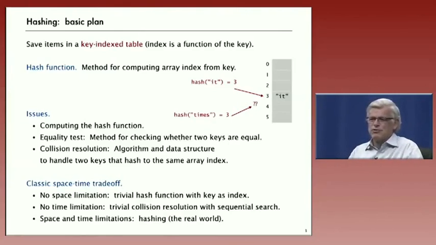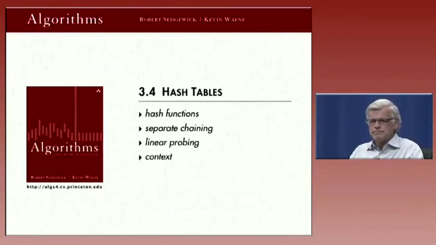But sequential search can be slow if we have lots of keys. So hashing is kind of in the real world, where we don't have unlimited space and we also don't have unlimited time, so we're trying to find something in between. So we'll look at hash functions, and then two collision resolution methods called separate chaining and linear probing.